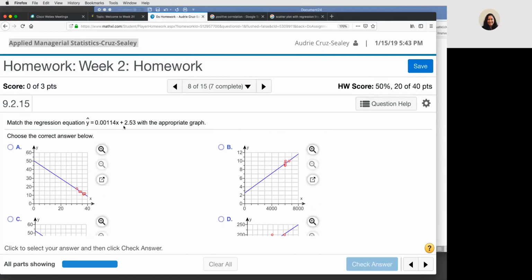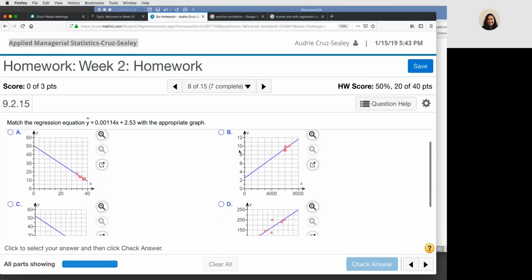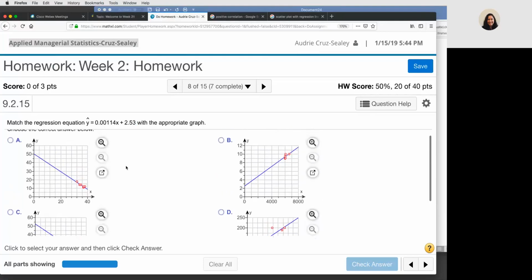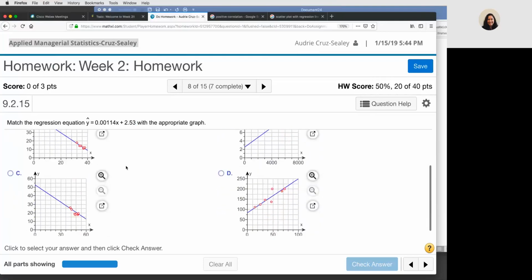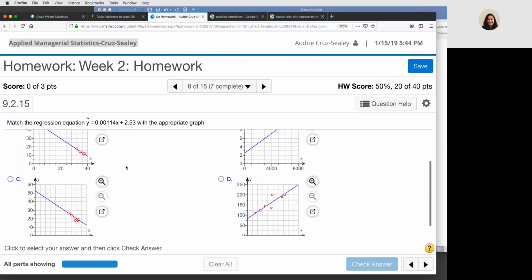Now what I'm going to do is come over here and look at the y-intercept. The y-intercept is 2.53. Now remember, the vertical axis is your y-axis. I am telling you that your line, the blue line, is going to touch the y-axis at 2.53. That's where it's going to touch. So I want you to look at B as in boy, and D as in dog, since those are the only 2 we're looking at right now because those are the only 2 that have a positive slope.